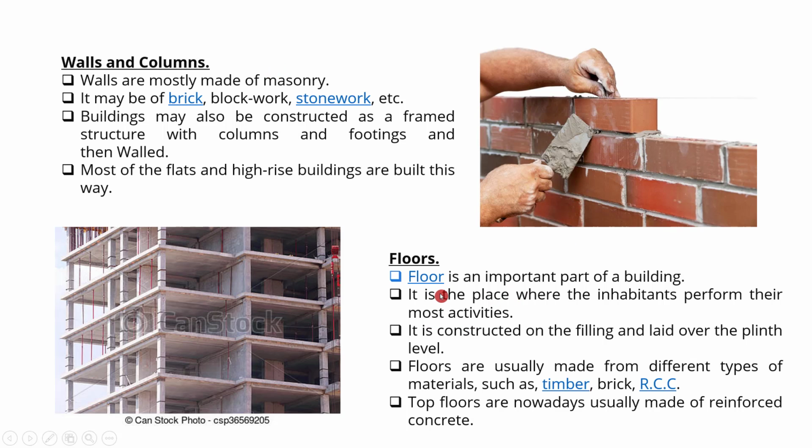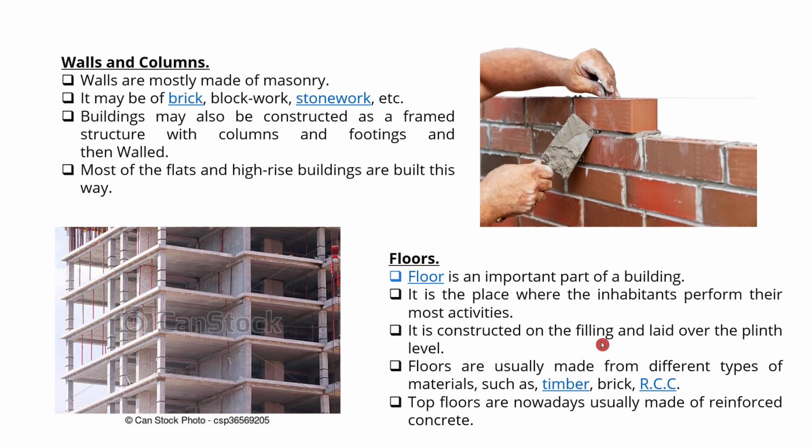And the floors are an important part of the building. It is placed where the inhabitants perform most of their activities. So we are staying on the floor, and all our activities are happening there. It is constructed on the filling and laid over the plinth level. This is only applicable for the ground floor, where we have seen the sand filling.